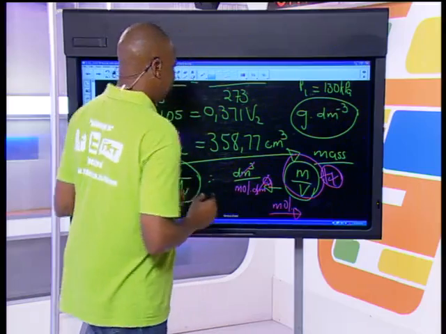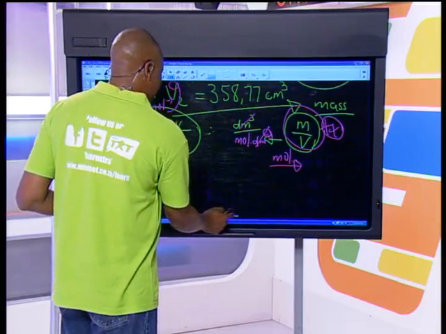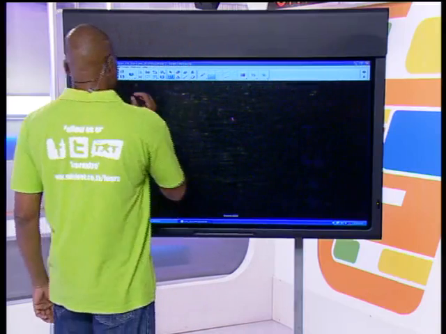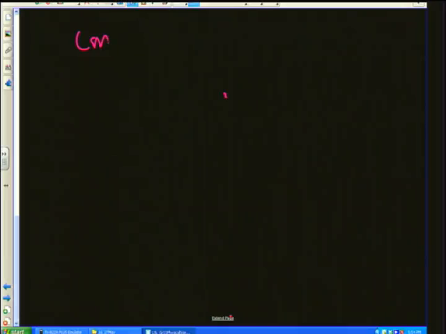In question 1, why did you multiply 200 by 10 to the power minus 6, please? Oh, okay. Let me explain this. If I've got cubic centimeters and I am to convert into cubic decimeters, what I will do, I will divide by 1,000.